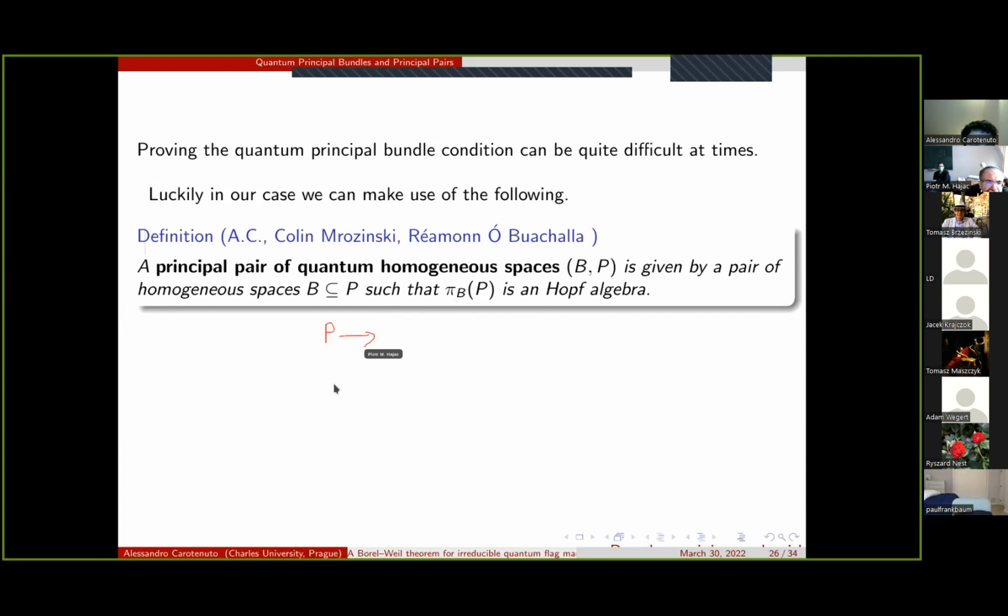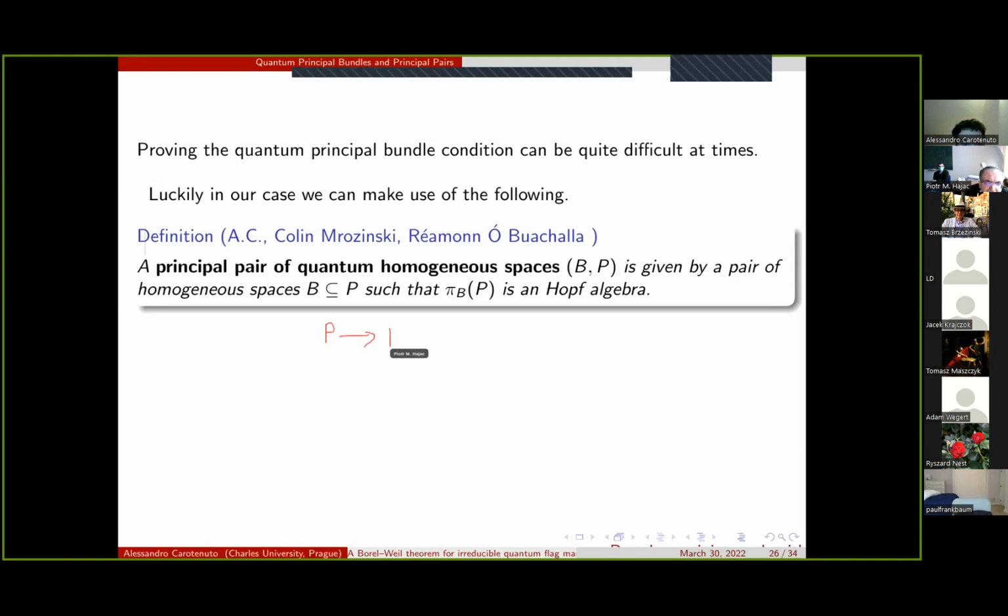I go from P into P tensor A over P plus A, right?